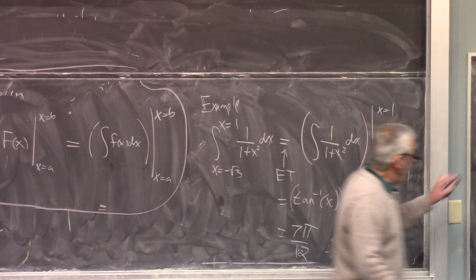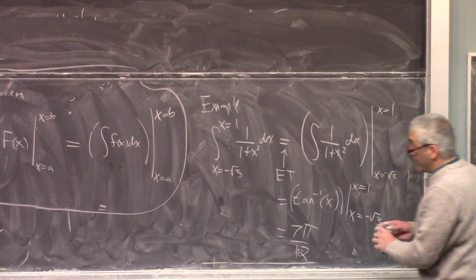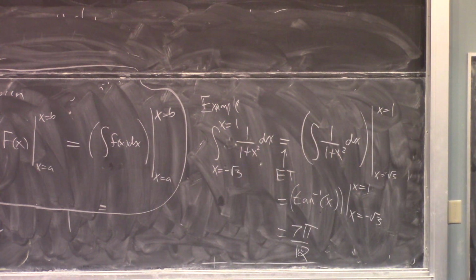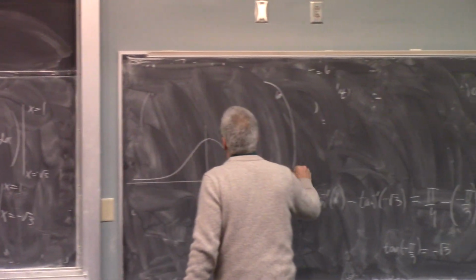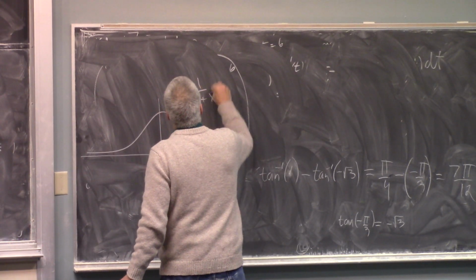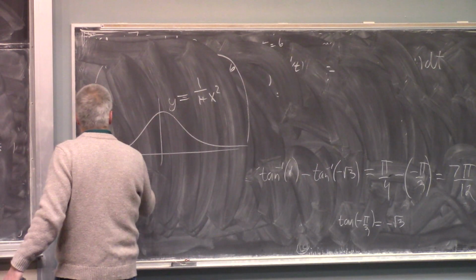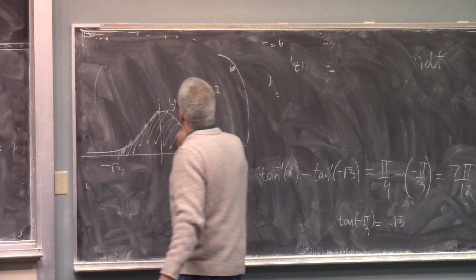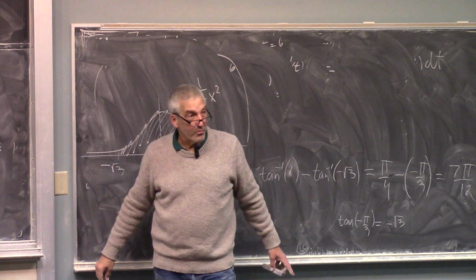So what we started with was this symbol, which is the signed area under the graph of 1 over 1 plus x squared. And we are taking the signed area from negative square root of 3 to 1. So this is shaded area. The value of this shaded area is the number 7 pi over 12.